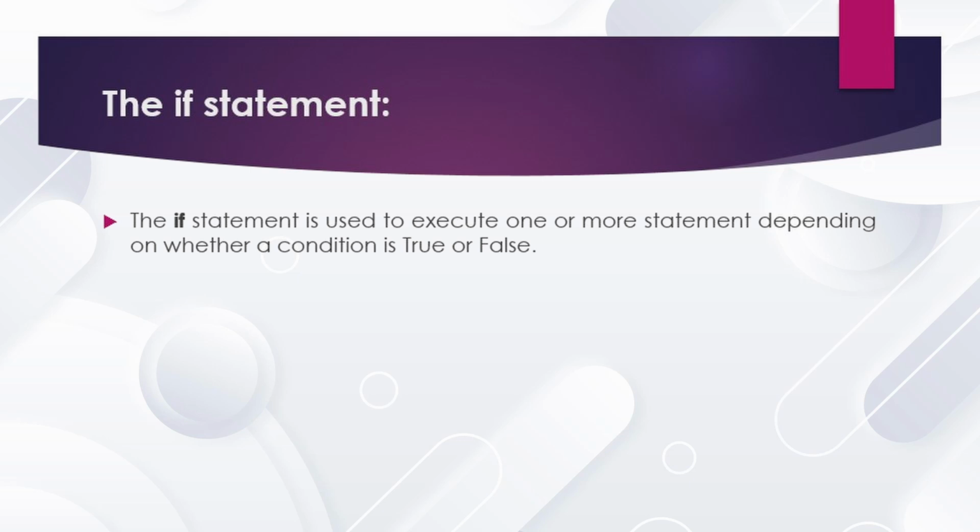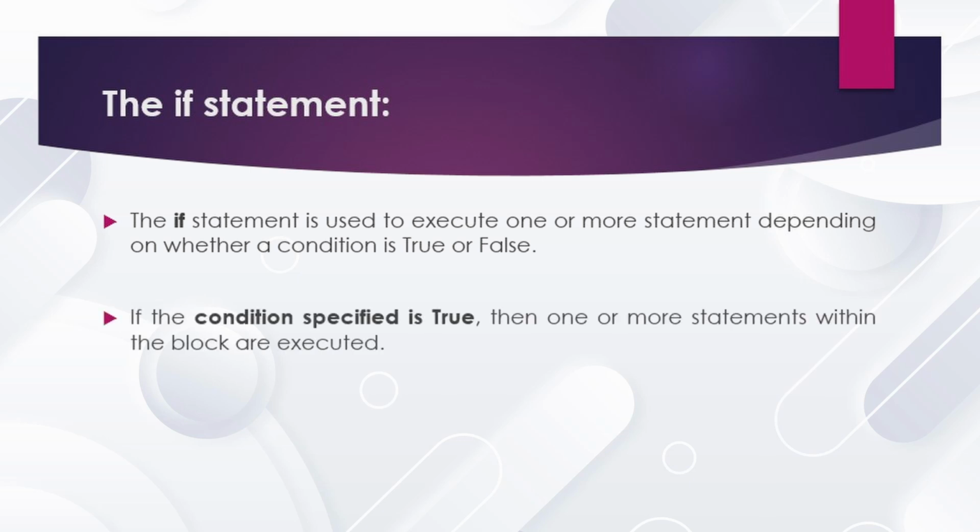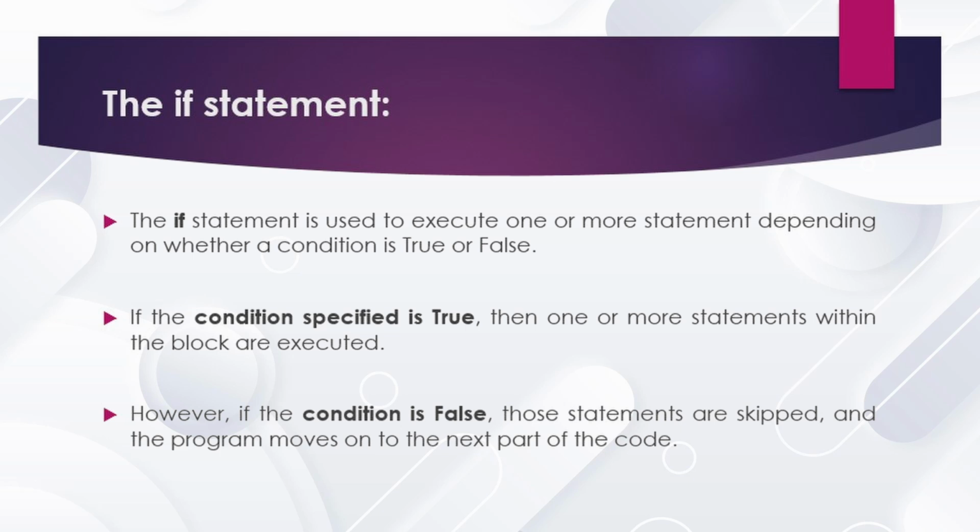In other words, it allows the program to make decisions during execution. If the condition specified is true, then one or more statements within the block are executed. However, if the condition is false, those statements are skipped and the program moves on to the next part of the code.